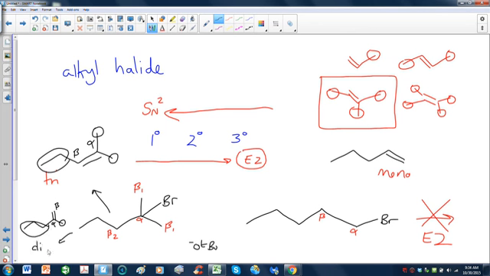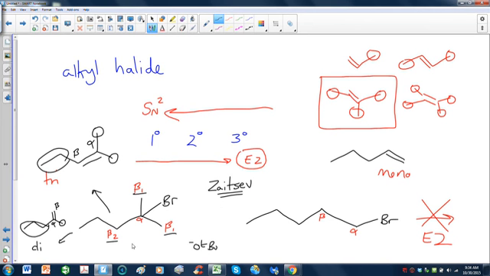The rule here is that the most stable alkene product will predominate in an elimination reaction. This is something called the Zaitsev rule. It may not be the only product, but the Zaitsev product is going to be the major product in an elimination reaction when we have two different types of beta hydrogens.